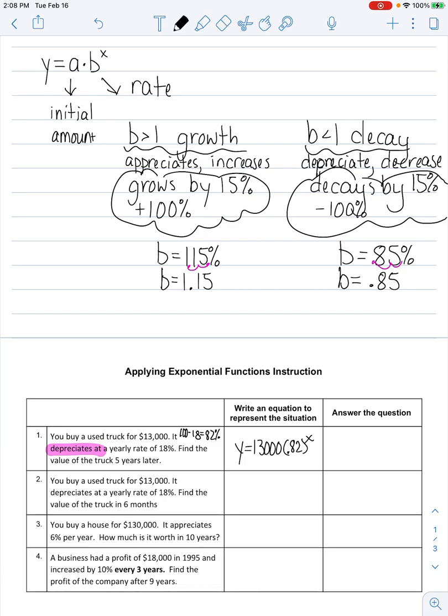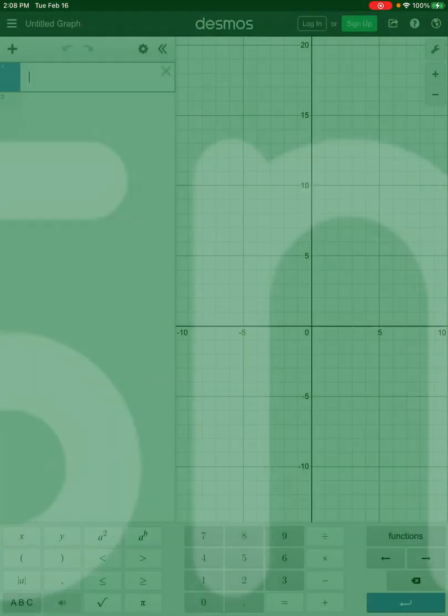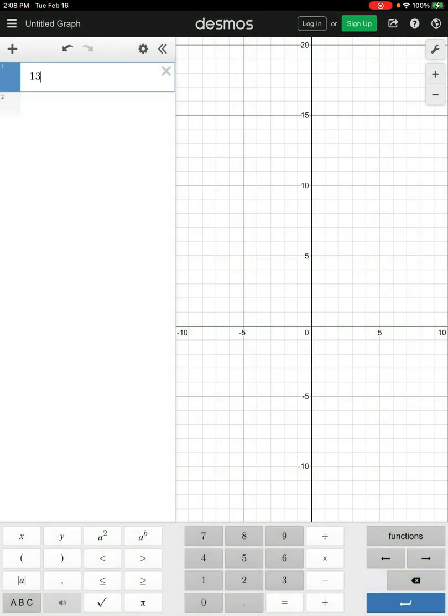Now, to answer the question, find the value of the truck 5 years later, I take that same equation that I just wrote, and my exponent becomes 5, and I type that in my calculator. So we're going to say 13,000 times 0.82 raised to the 5th power.